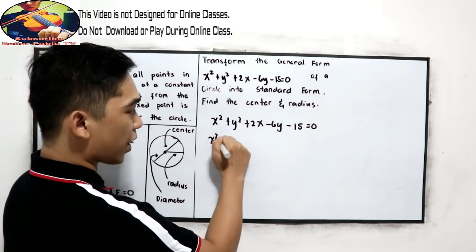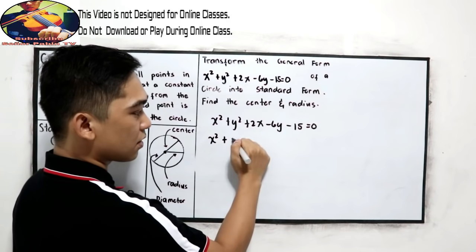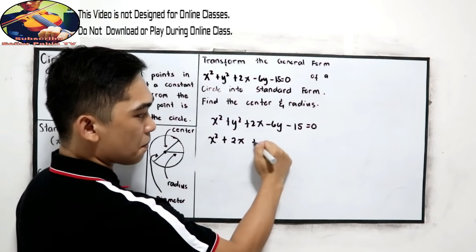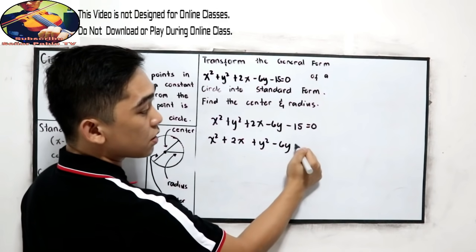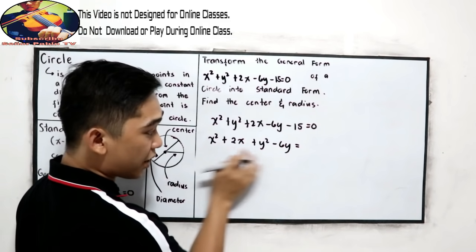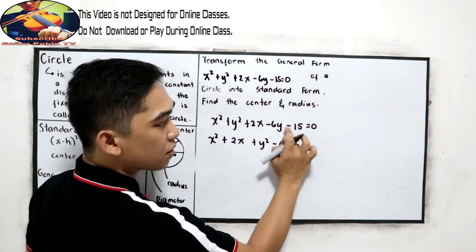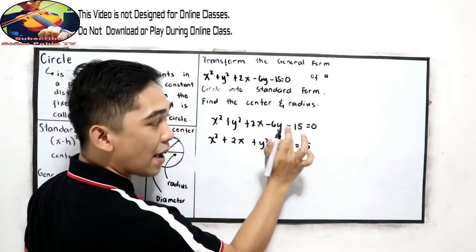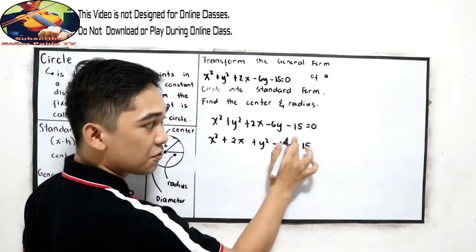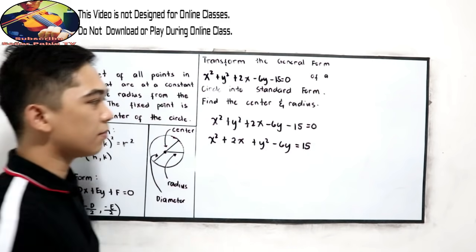So, x squared plus 2x plus y squared minus 6y is equal to, after rearranging, move the constant to the right side. Or add positive 15 to cancel negative 15. Positive 15.